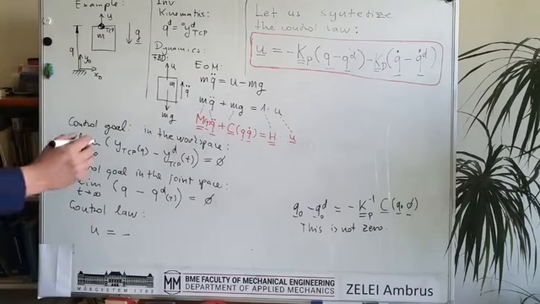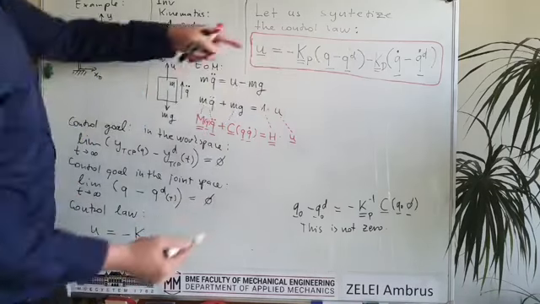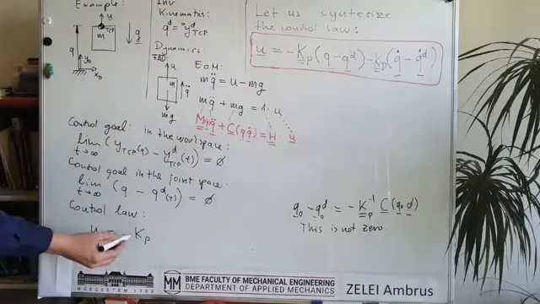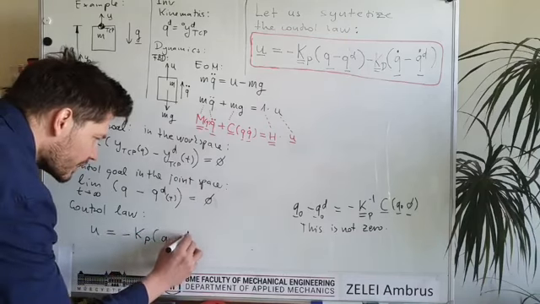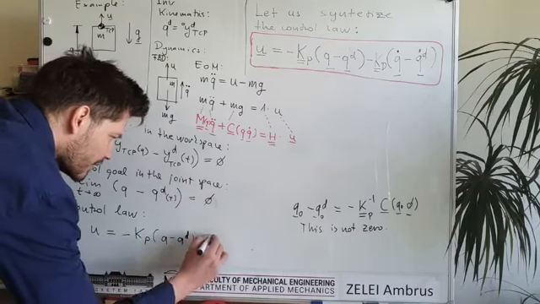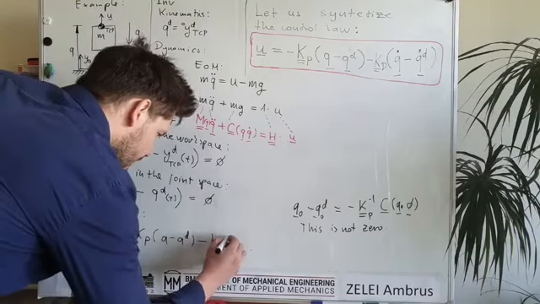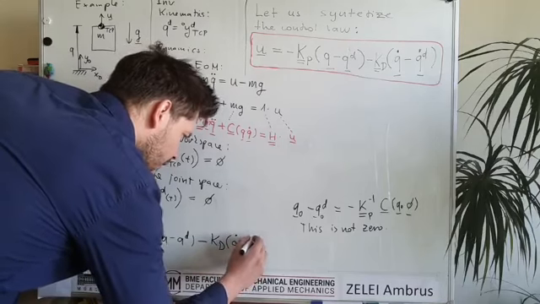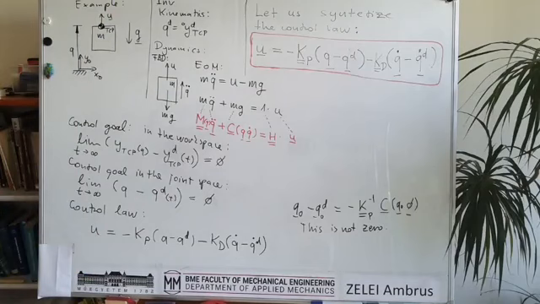So u will be equal to minus kp, but in general this is a matrix, but now we have only one input and one error. So this is just a scalar number kp times q minus q desired, and there is a derivative term which multiplies q dot minus q dot desired. So this is our control law.